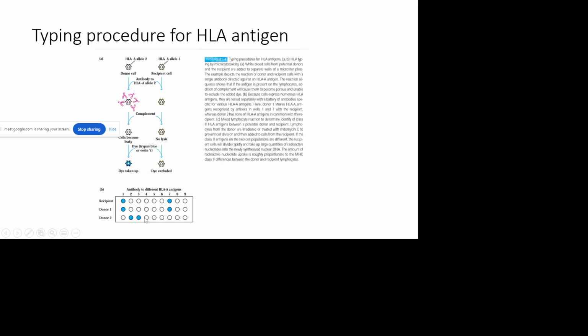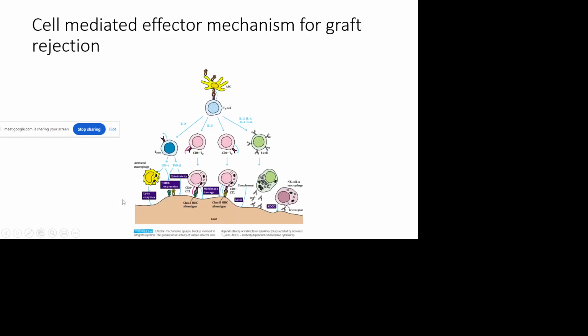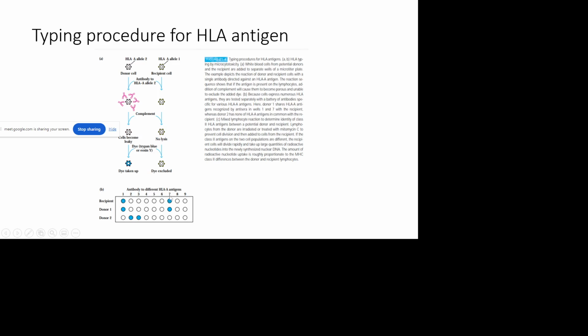That means the recipient has HLA1 and HLA7 alleles. Donor 1 also has HLA1 and HLA7 alleles, but donor 2 is showing blue color with the antibody specific to HLA2 and the antibody specific to HLA3. That means donor 2 has HLA2 and HLA3, right?